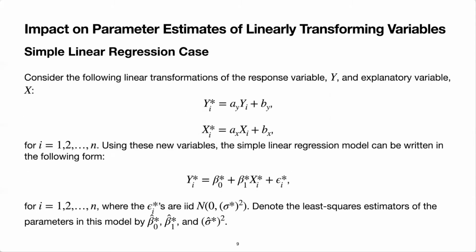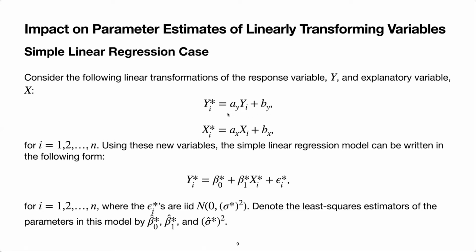Now consider the following linear transformations of the response variable y and the explanatory variable x. And so y sub i star, which we'll use to denote the transformed response, is equal to a sub y times the original response y sub i plus b sub y.